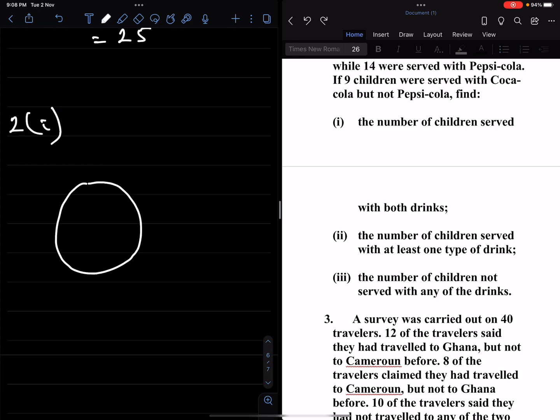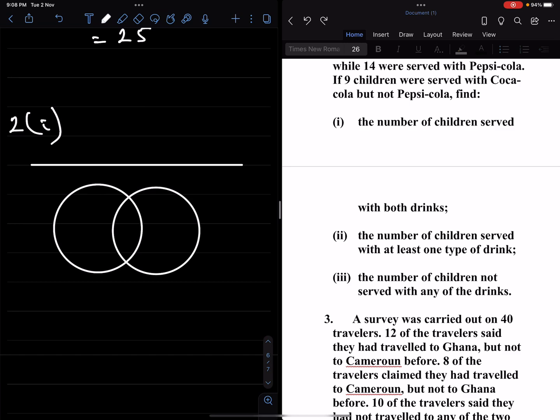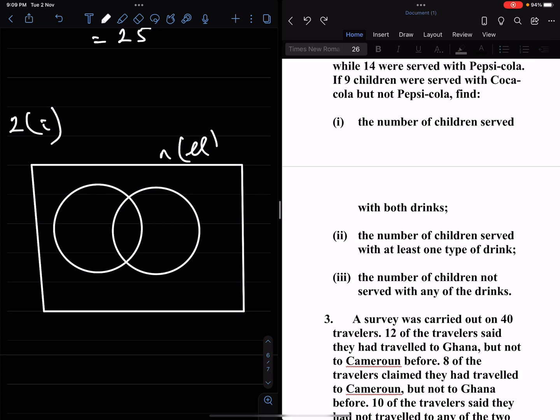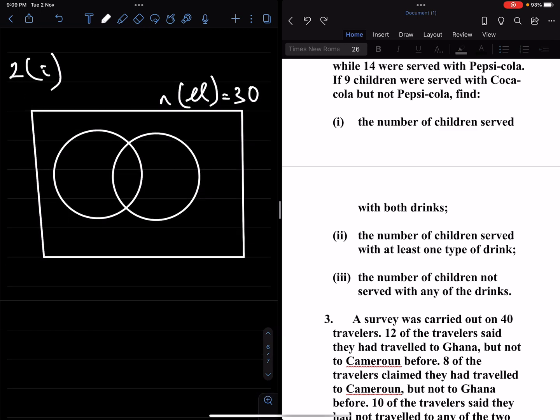Let this represent the set of children who were served with Coca-Cola, and this represent the set of children who were served with Pepsi-Cola, while this will represent the whole of the children at the party. Here we know the total number of elements in the universal set, or the total number of children at the party.